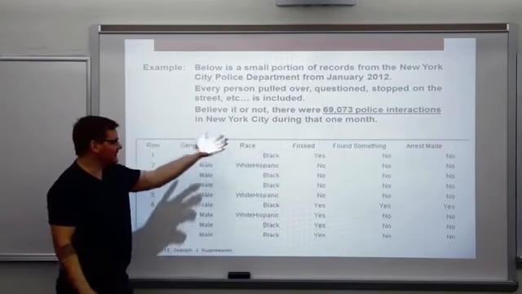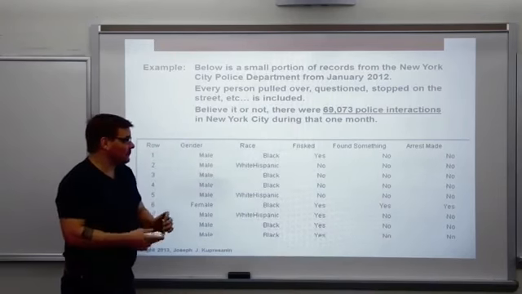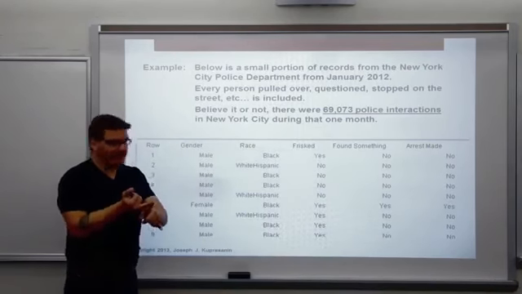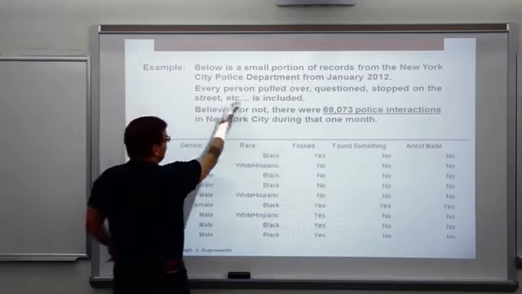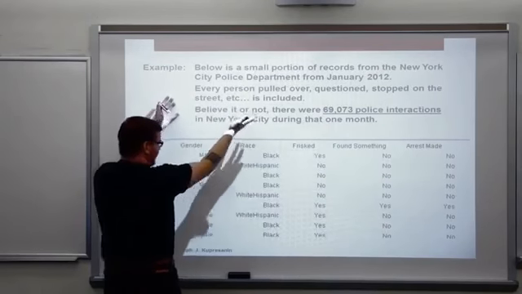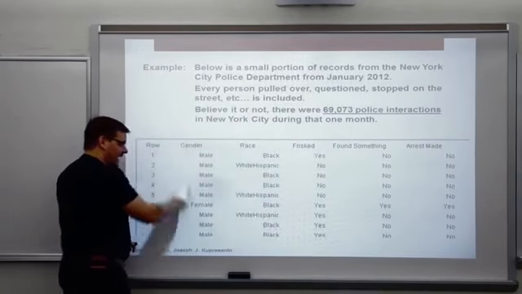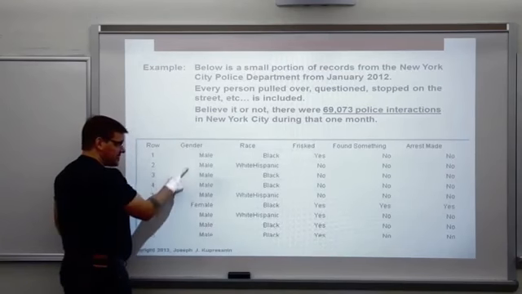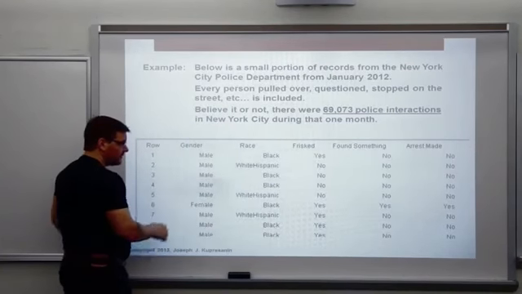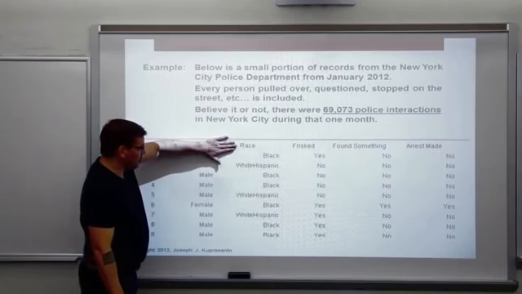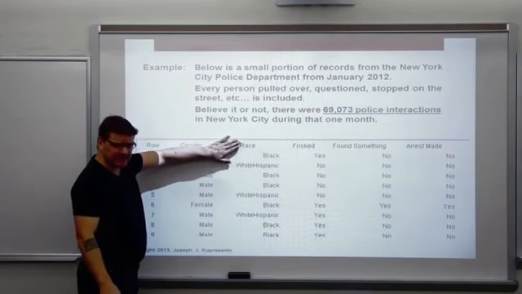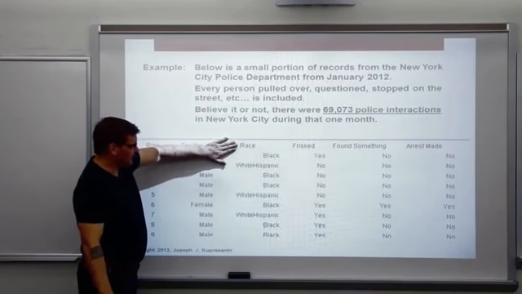It's a huge city, but 69,000 people being pulled over or stopped by the cops on the street. Every person pulled over, questioned, or stopped is included in this data set, and I have lots of categorical variables. Here's gender: either you're male or female. The police department recorded race. I believe there were 6 separate races by their record keeping.